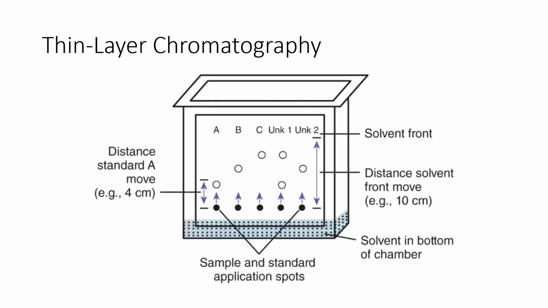So this is a picture of what thin layer chromatography looks like. This plate here is put into a box. There's the solvent at the bottom of the container. You apply the samples and the standards at the bottom, and then you're just going to dip the edge into the solution.